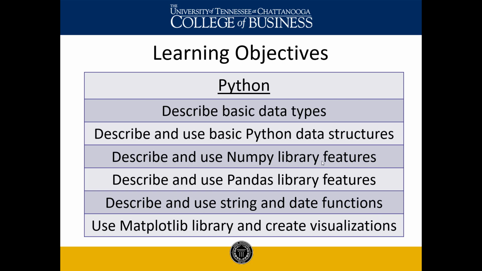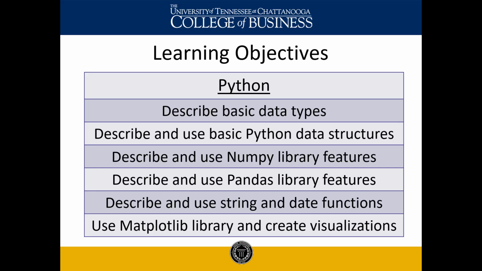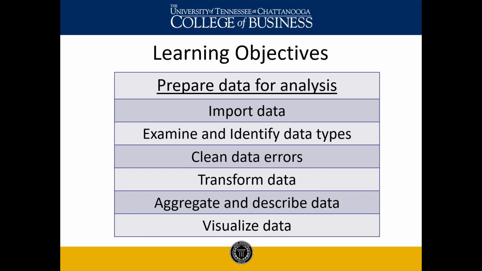Describe the use of NumPy libraries, pandas, and then strings and dates. Those are special data types that need to be dealt with in a particular way, so we'll learn about those. Then matplotlib visualizations. So these are the different learning objectives we have. There are 2 sets of learning objectives that I've given. One is generally from the data perspective.